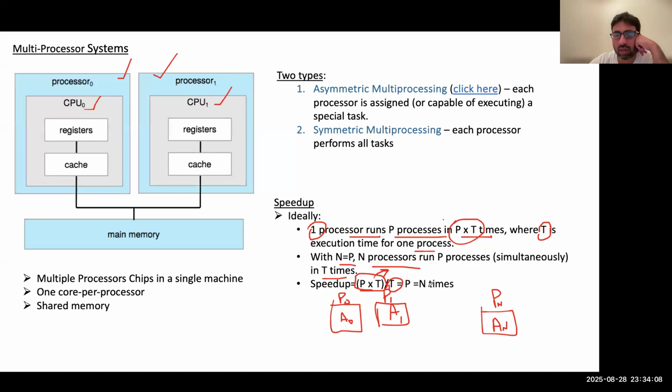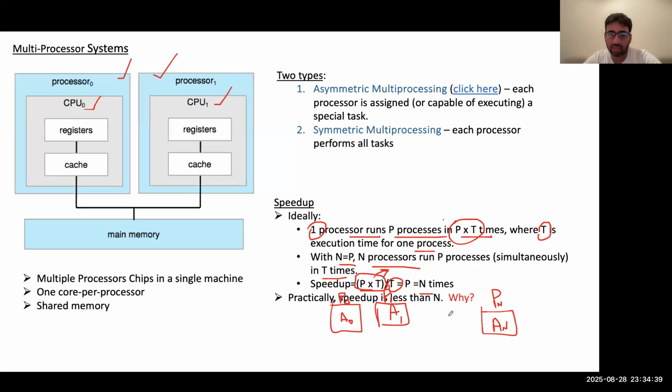So when I divide it, I get n as the speed up. What we are saying here is that if you have n processors to run a given workload or a given set of applications, the speed up as compared to the case where you had a single processor will be n times. So basically, the more processors you have, the more speed up you will see, right?